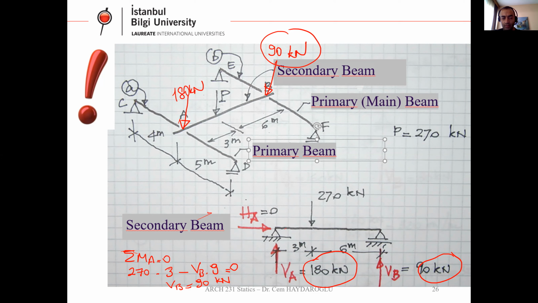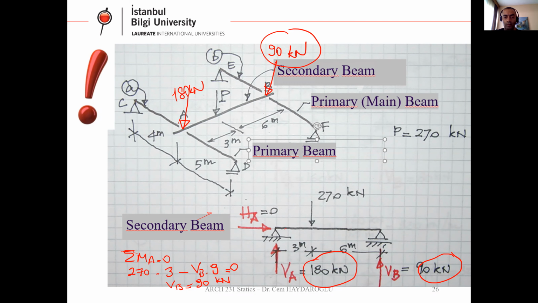But there is a secondary beam. So firstly, we have to share the load P between the two primary beams. We did it at the first step. One takes 180, one takes only 90 kilonewton.